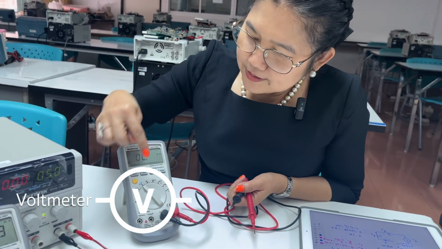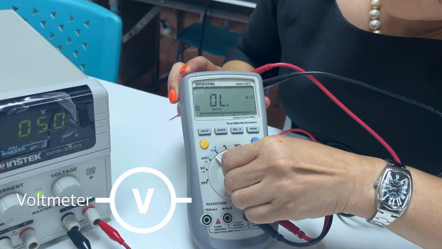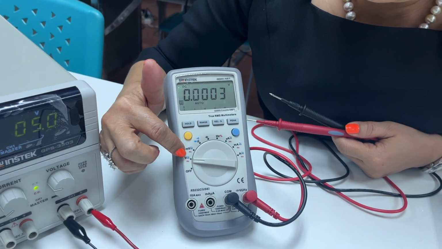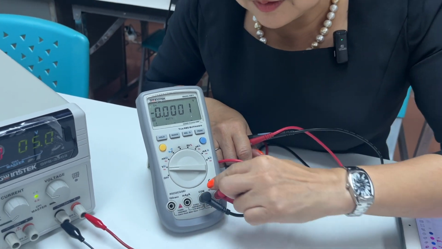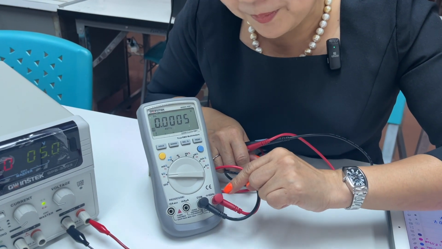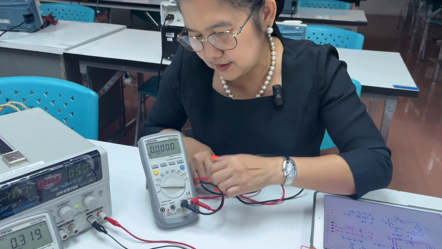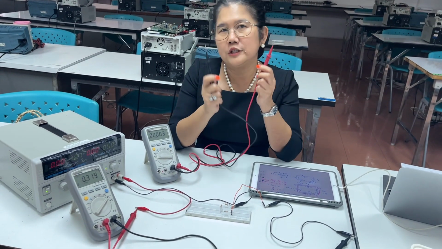This one right here is going to act as a voltmeter. So you can see that I'm going to move the dial to the volt scale. The black probe is at the common slot, but the red probe is here where the V sign, the V unit, is. So this is to measure your voltage drop.